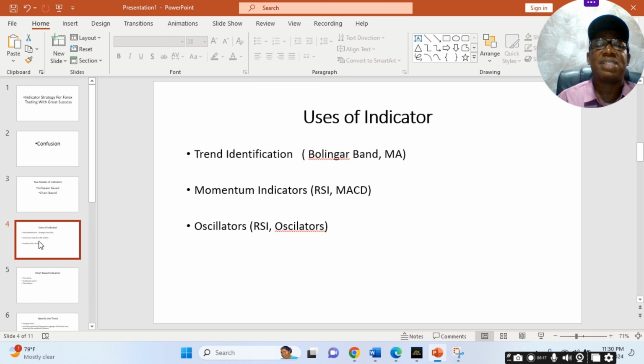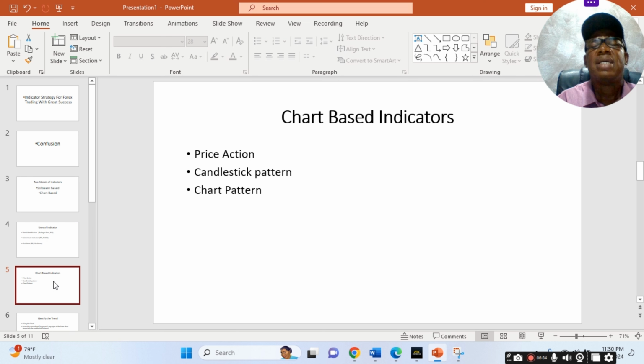Because if you want to be successful, you must learn to use both or master the chart based indicator perfectly. You have to master it perfectly. Now, the chart based indicators are the price actions, the candlestick patterns, and the chart patterns. These are chart based indicators. That means from what the price does on the charts, you will know where the market will possibly go.